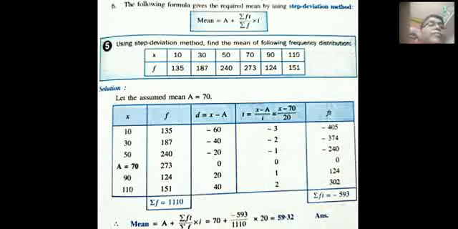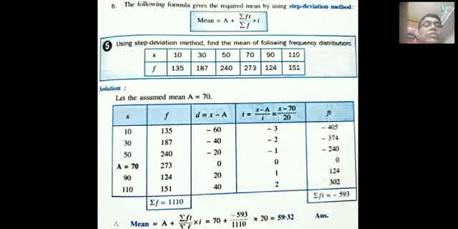Then find f into t. So in the F column, 135 into minus 3 is minus 405, 187 into minus 2 is minus 374, 240 into minus 1 is minus 240, 273 into 0 is 0, 124 into 1 is 124, 151 into 2 is 302. Then sigma ft, by adding, you find the answer minus 593.